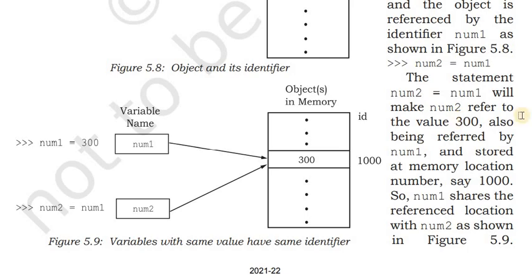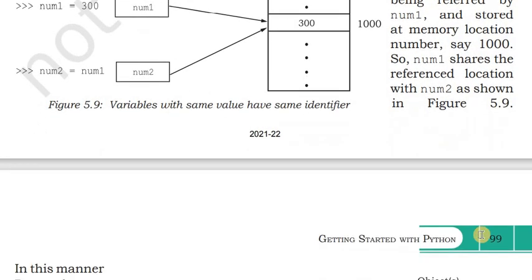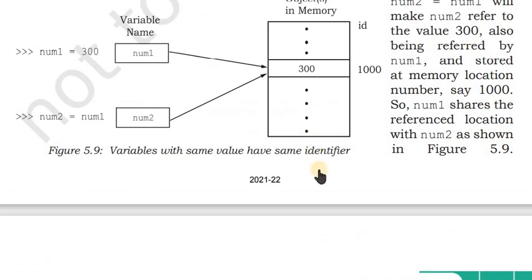We make num2 refer to the value 300, also being referred to by num1 and stored at memory location, say, 1000. So num1 shares the referred location with num2, as shown in figure 5.9. Variables with the same value have the same identifier.